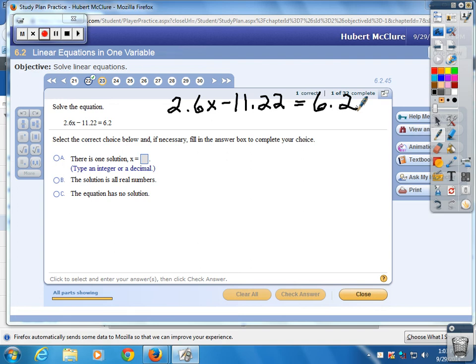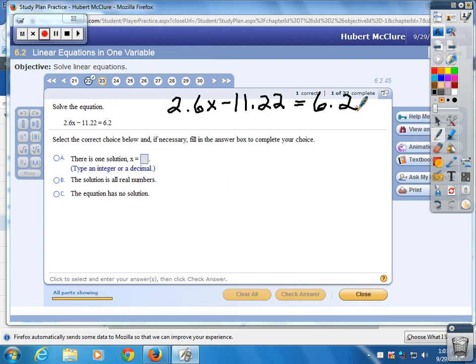Now, what decimal point is being used in this problem? The furthest one. The tenths or the hundredths? Hundredths. We go with the smallest. So hundredths is smallest. So I'm going to multiply through the whole thing by 100.